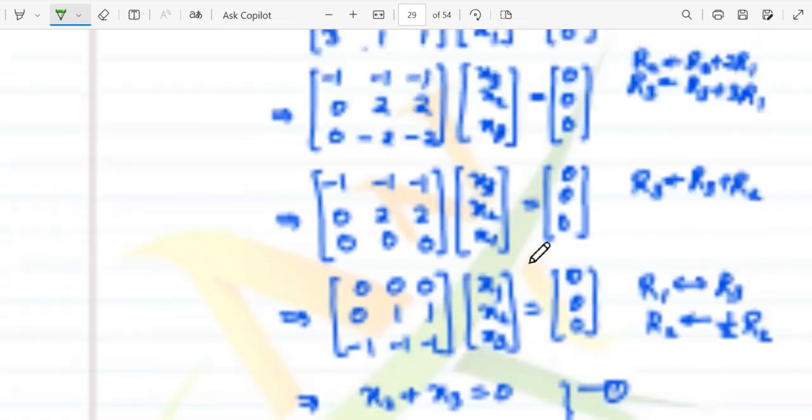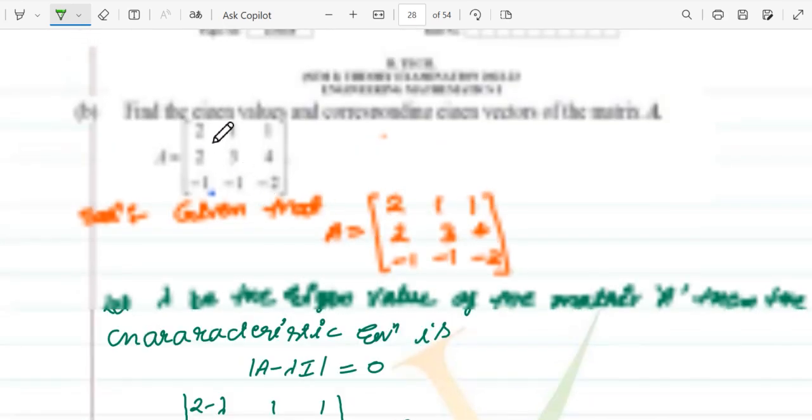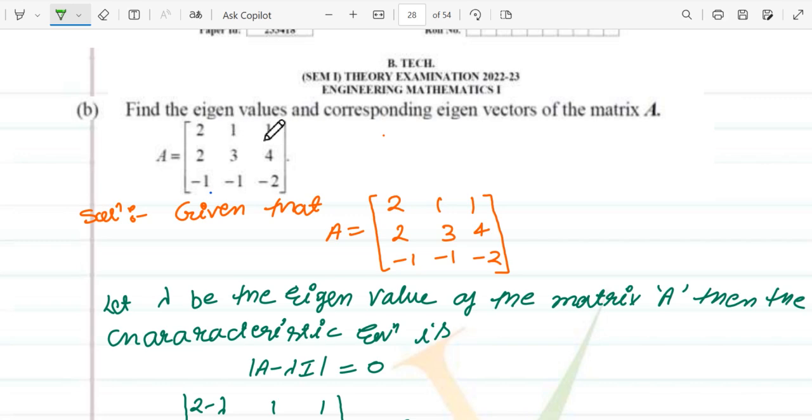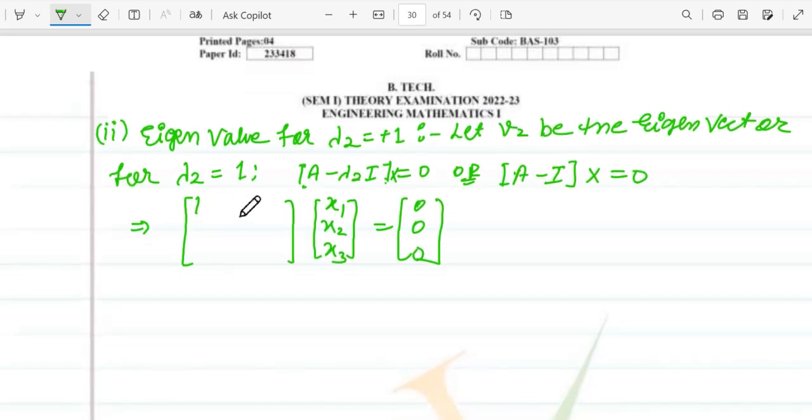Now A minus I, that is 2 minus 1, 1, that is 1 1 and 1, 1 1 1 2 2 4 minus 1 minus 1 and minus 1.